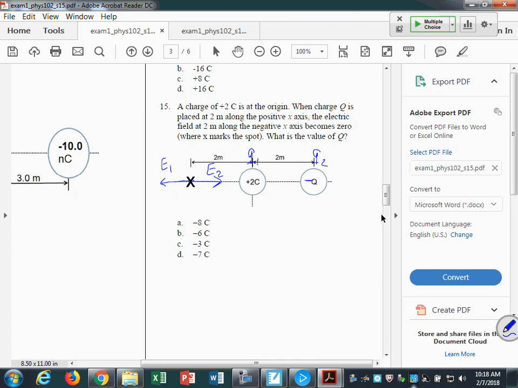In order for the electric fields to cancel out, what must be the relationship between E1 and E2? Their magnitudes. Is E1 bigger, smaller, or the same as E2 in magnitude? They want to be equal. They're opposite in direction, but they have to be equal in magnitude in order for these to cancel out and go to 0. So E1 has to equal E2.